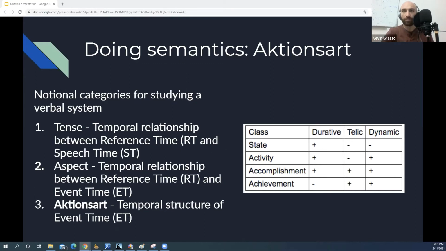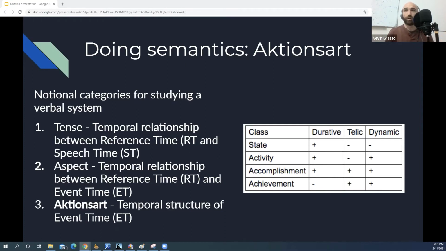But for us, what's important is that we can think of events in different kinds of ways, right? So we can think of, for example, a state. States are durative, right? They're extended in time. So like love, right? It's not like punctual. It doesn't have a natural endpoint.